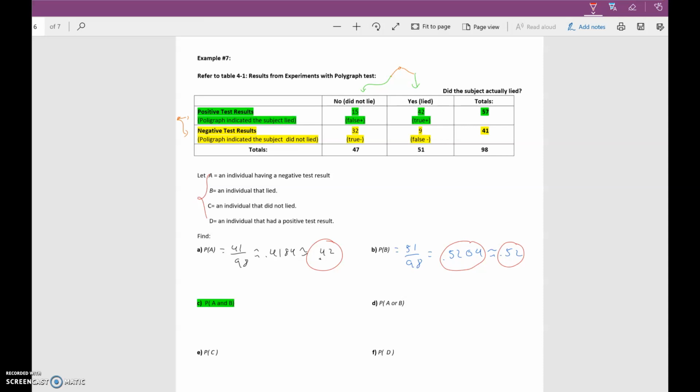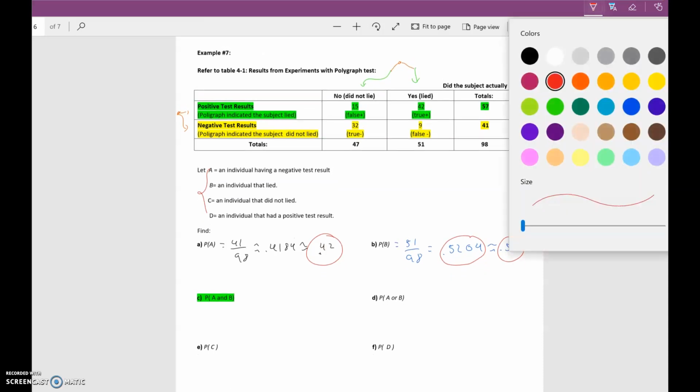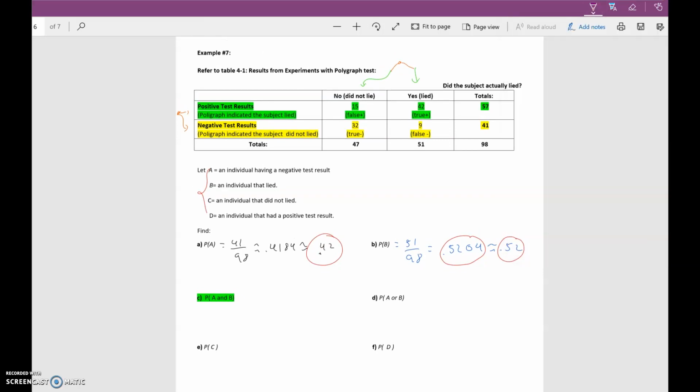Now we have to be careful on this one. This is saying A intersect B. So technically we're looking at the event A, the individual had a negative test result. This is your negative test results event. And then B, the individual lied. So this is your individual's lied. The actual intersection between negative test result and yes they lied, we have 9.